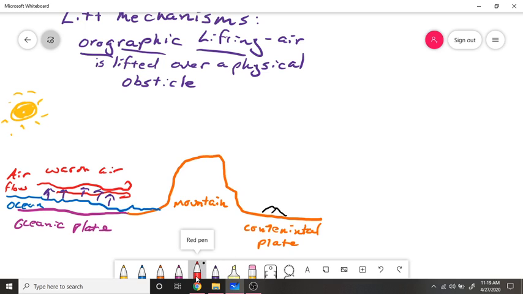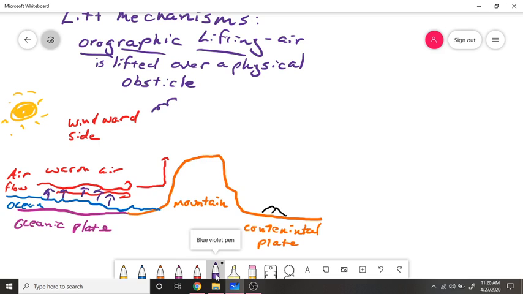As that warm air is traveling along, it comes to the side of the mountain, and some of it goes around the mountain, but a good portion of it is forced upwards. This is called the windward side of the mountain. That warm, moist air is forced upward.